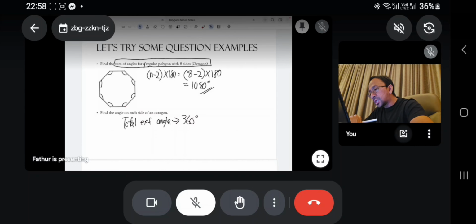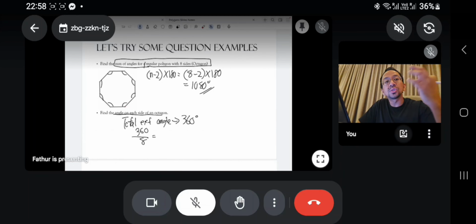Now if they're asking you to find the angle on each side, how do you find the angle of one side? You're talking about the side of the octagon, right? So you can always take 360 divided by 8. Why? Because all the sides together represent 360, right? So to find one side, 360 divided by 8, you will get 45 degrees.